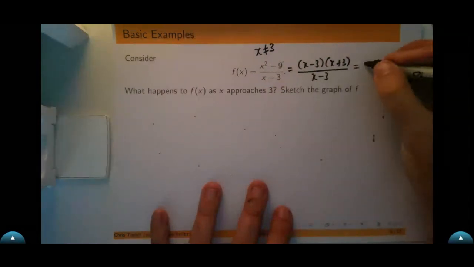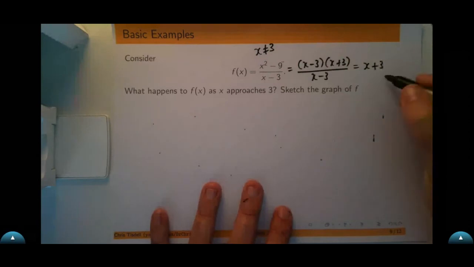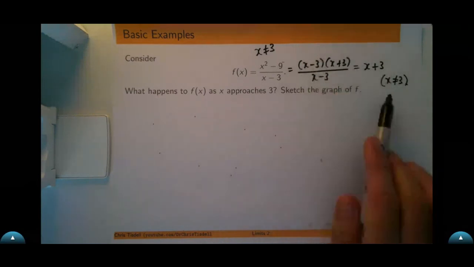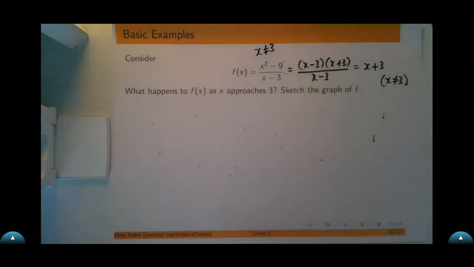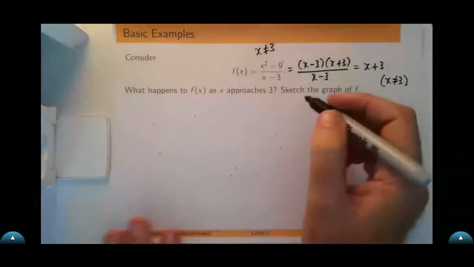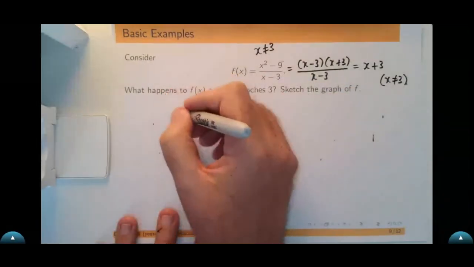So the function is not defined at x equals 3, but it's x plus 3 everywhere else. All right, so let me draw a little picture and we can work out the limits.